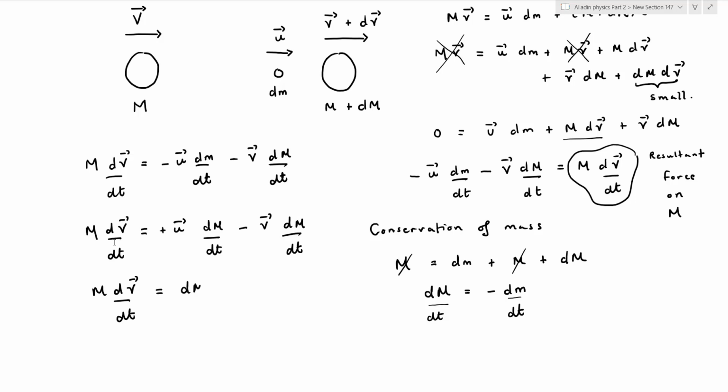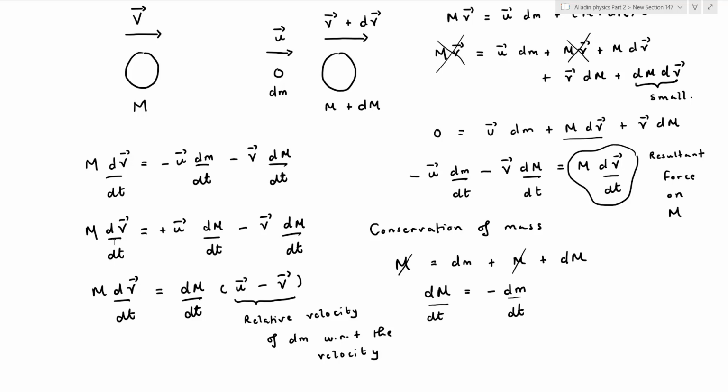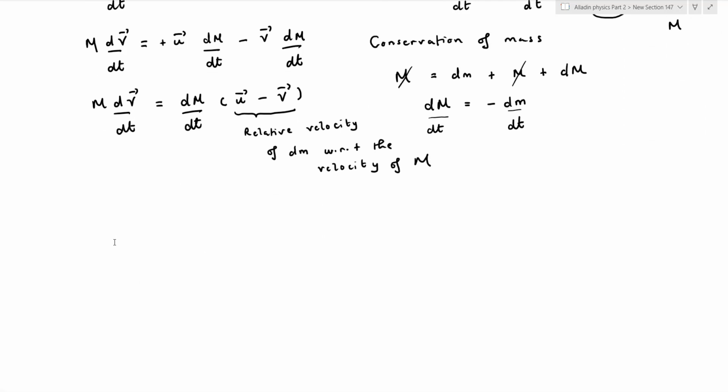So you're going to have dm by dt with u vector minus v vector, which is simply the relative velocity of small m with respect to the velocity of capital M. If we analyze this equation now, M dv vector by dt equal to u vector minus v vector times dm by dt, we can analyze it separately.